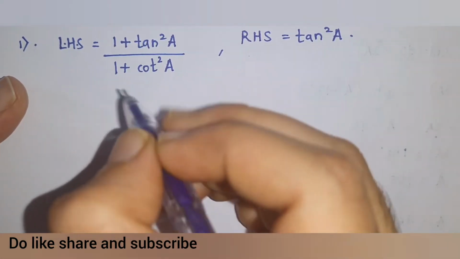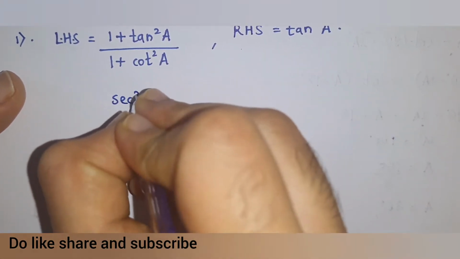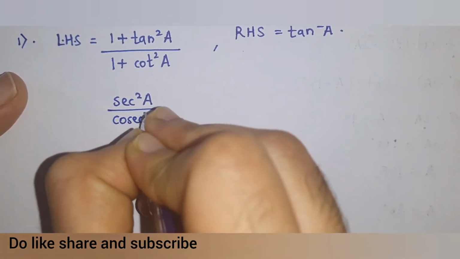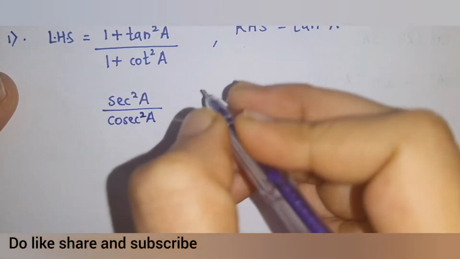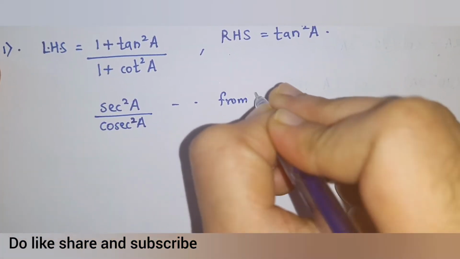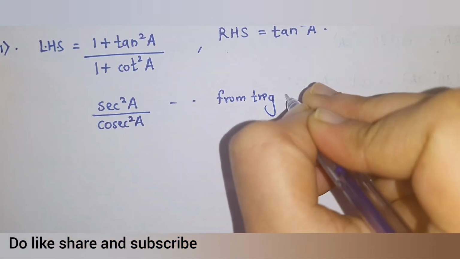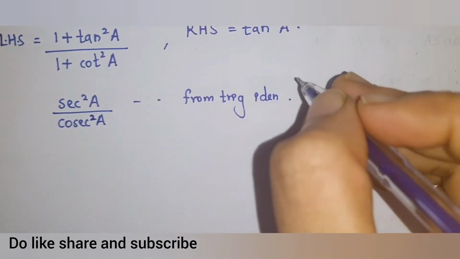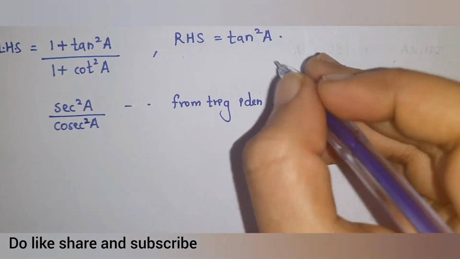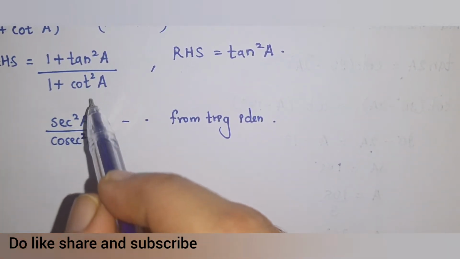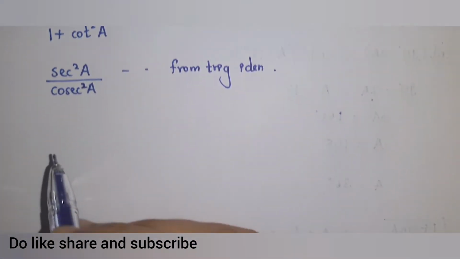This can be written as sec²A divided by cosec²A from the trigonometric identities. That is, 1 + tan²A is equal to sec²A, and 1 + cot²A is equal to cosec²A.